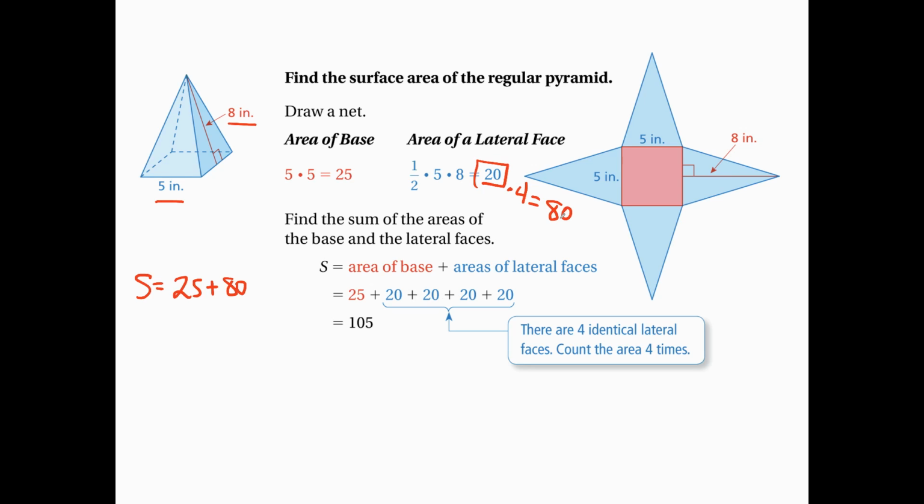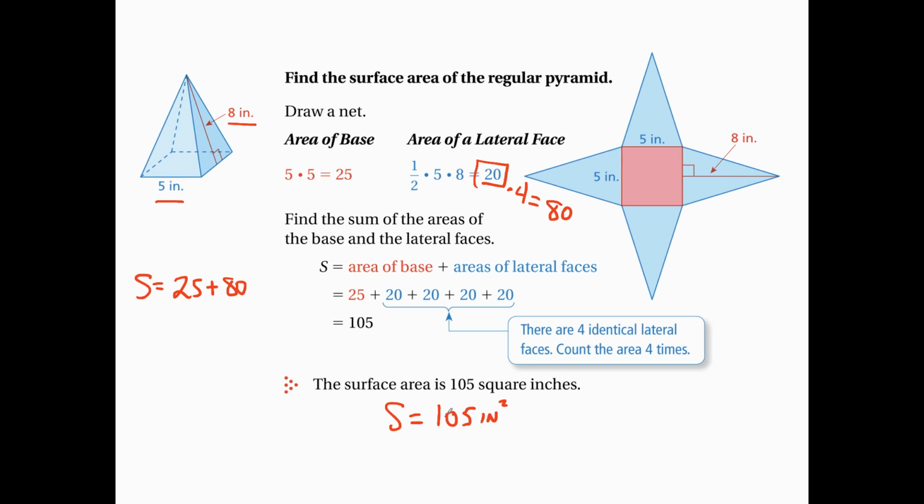Okay. And I get 105, and remember it's 105 square inches, or I can write it this way, 105 inches squared. All right. So that's how you find the surface area of a pyramid.